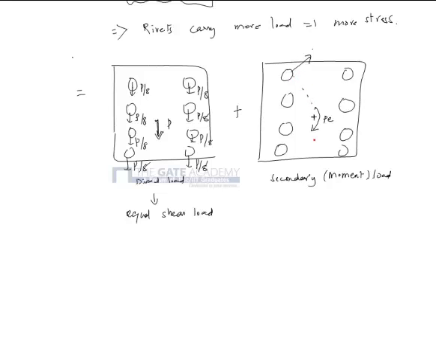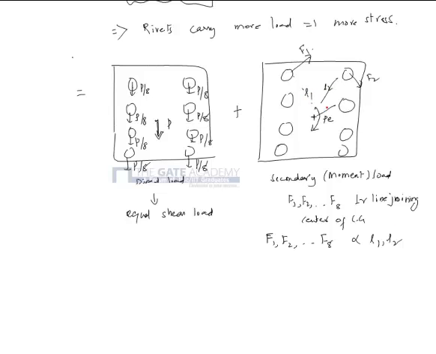Each of these forces, F1, F2, till F8, is perpendicular to the line joining the center of the CG, and each of these forces is proportional to its length, L1, L2, L3. So the magnitudes of each of these forces are proportional to the lengths.